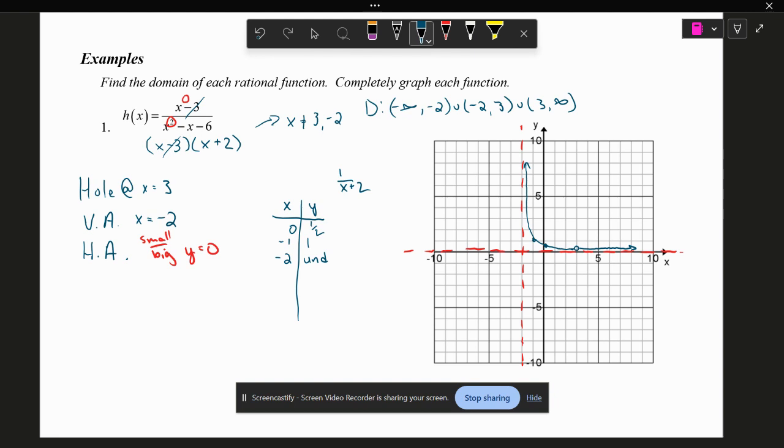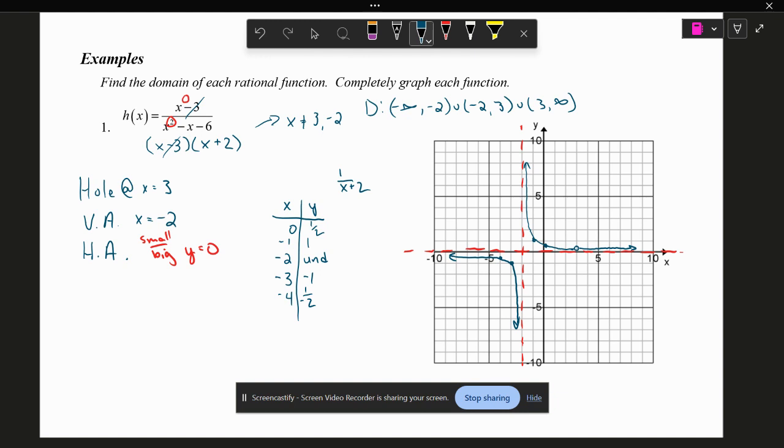And then just to double check, -3 and -4. When I plug that in, I'll get -1, and then I'll get 1 over -2. So down here, -1 and 1/2, and then I'll have another line that goes like this. They'll always curve around those asymptotes, especially in this case. Horizontal you can sometimes cross, but in this case you won't.